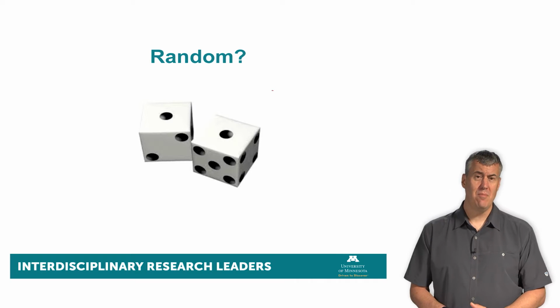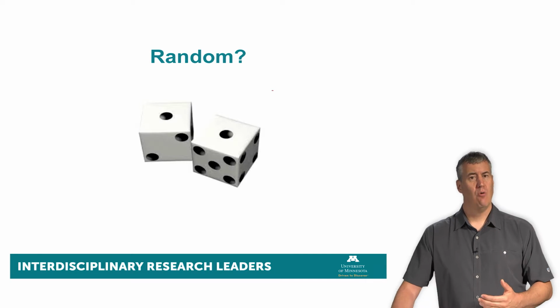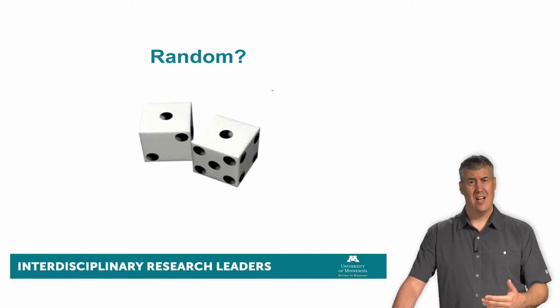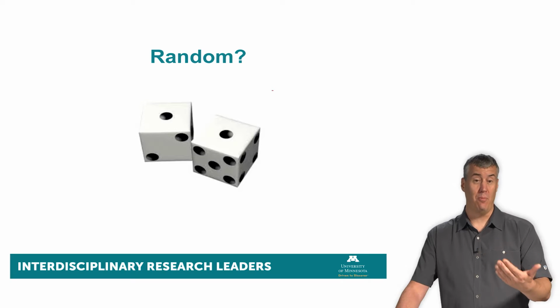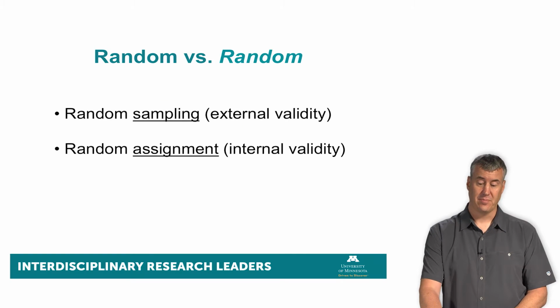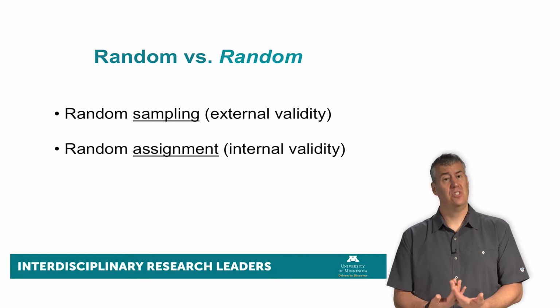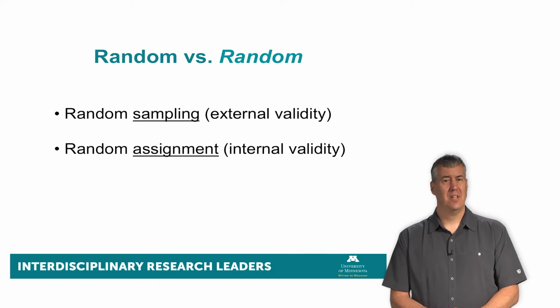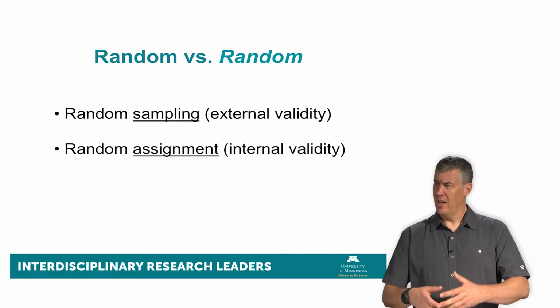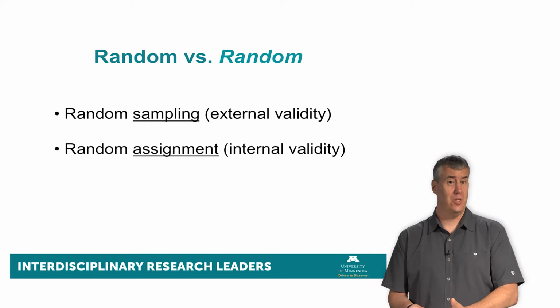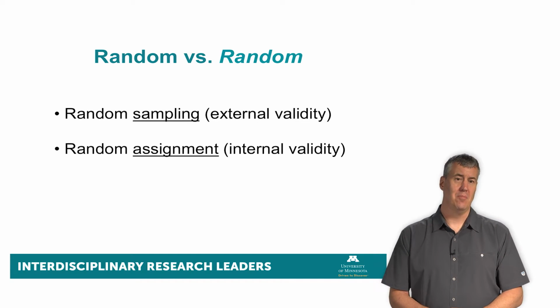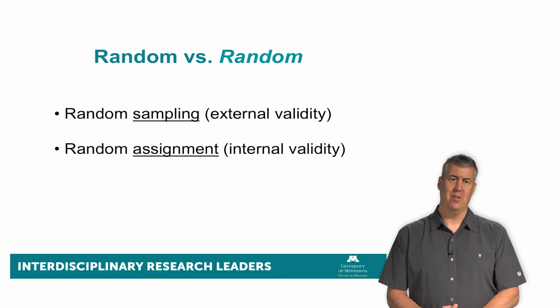Random, well, I hope random is pretty obvious. Random means by chance. There are some deep mathematical and philosophical issues here, but random means by chance, like rolling some hopefully fair dice. Let me distinguish random from random. There's random sampling. I go out and I randomly sample people at the mall or the university or the community center. I just take some at random. That's random sampling.